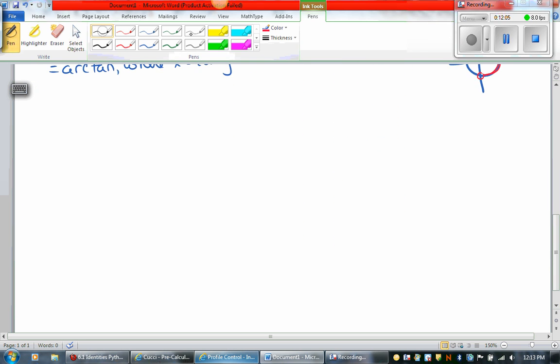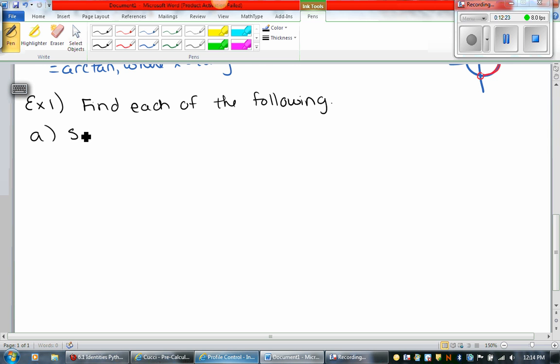Okay, so let's look at my first example. We're going to find each of the following. So we want sine inverse of square root of 2 over 2.